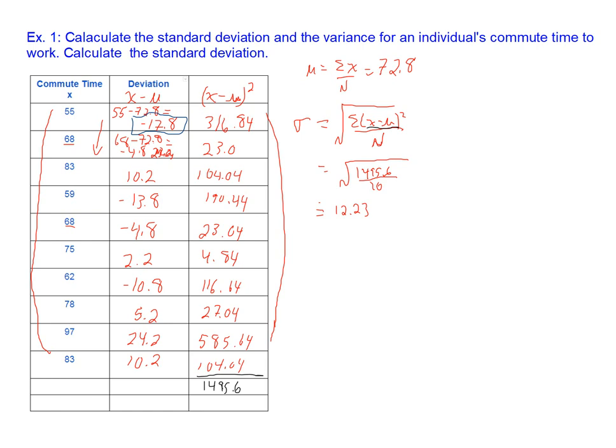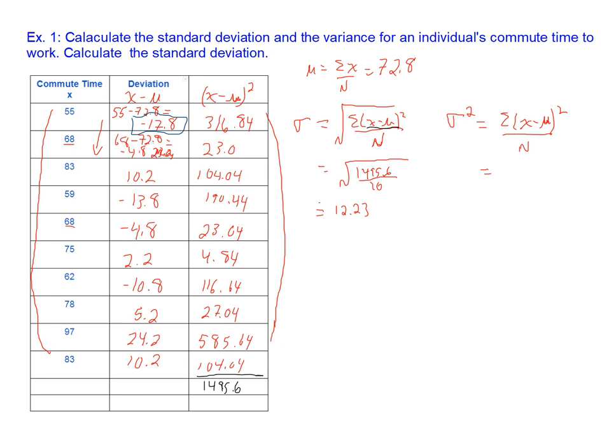We should also look at the variance here, just so you know how to calculate it. I think you probably know already. Just a reminder that the formula for variance is just the sum of the deviations, sorry, that's mu squared, divided by the number of entries. So in this case, we've already calculated the sum of the deviations squared.